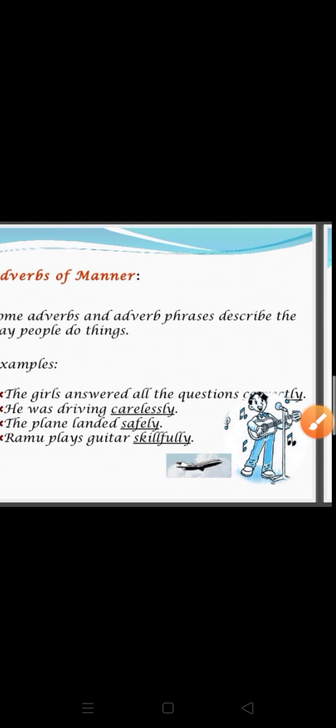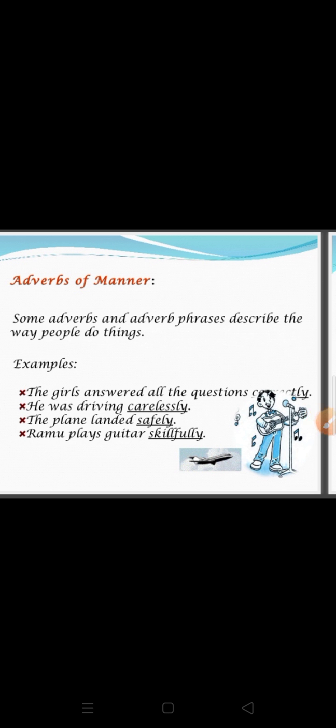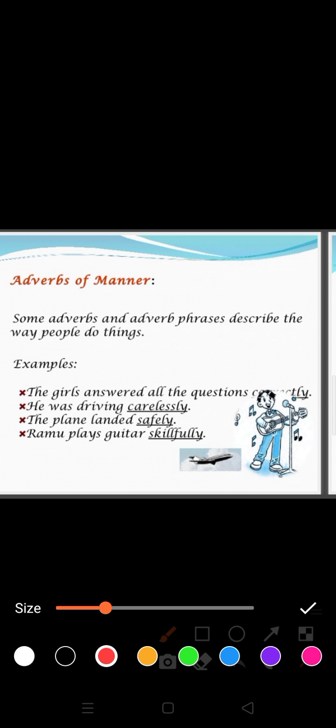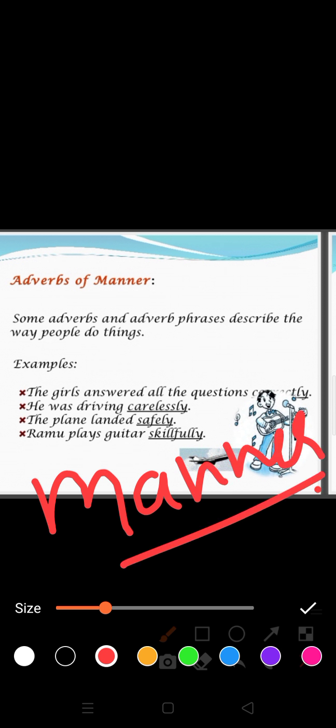Adverb of manner. Some adverbs and adverb phrases describe the way people do things, in which manner we are doing things, how we are doing things. It tells us the manner of doing things. For example, the girl answered all the questions correctly. He was driving carelessly.